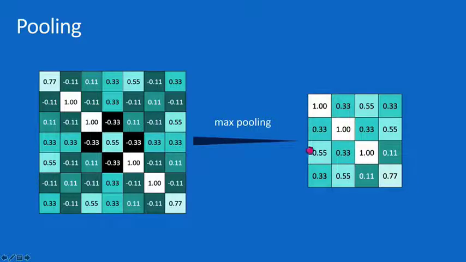However, if you look at the output image, you see that the spatial pattern is still preserved, right? So even in the output, the backward diagonal has the largest values, which was the property of the input. So pooling is not messing up the spatial information. It is preserving that, but it is throwing away some information.